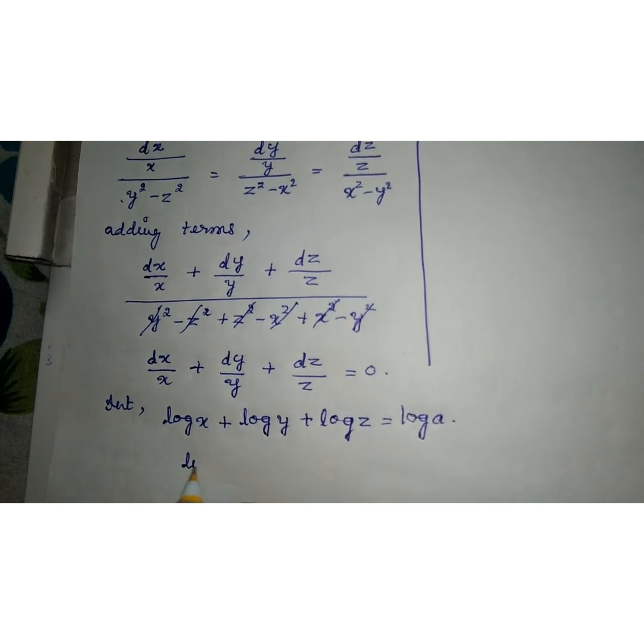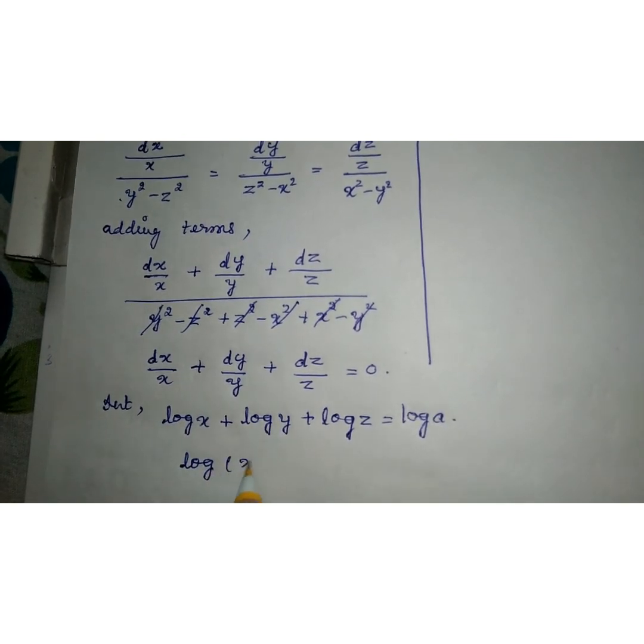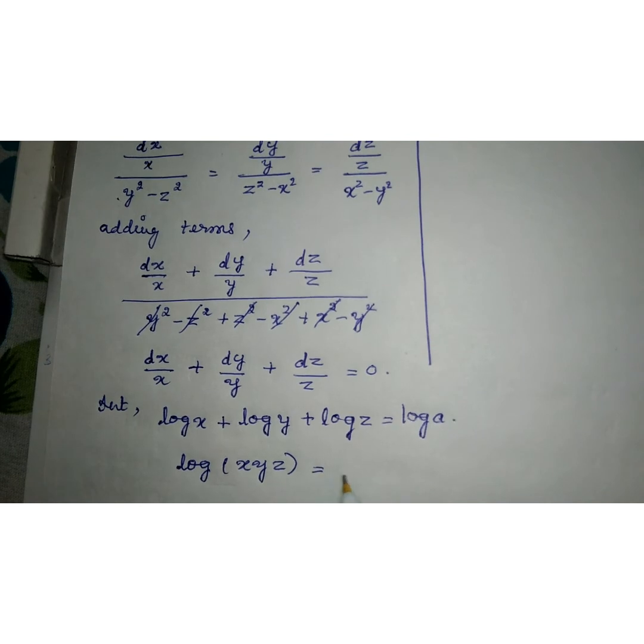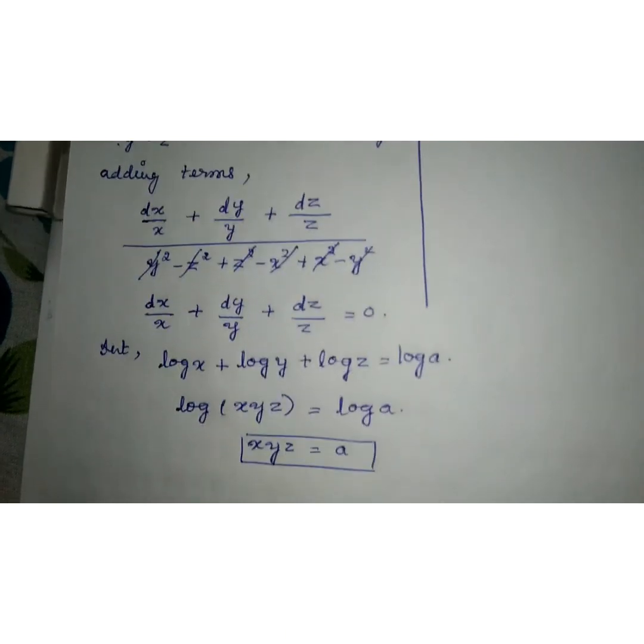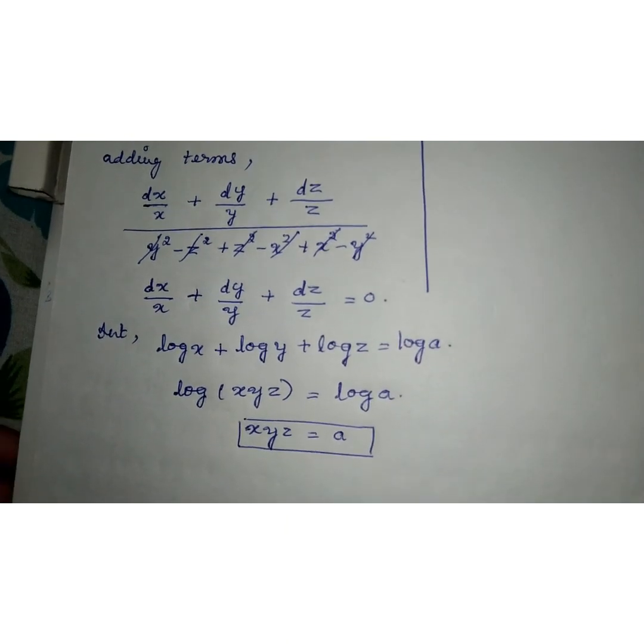By the property of logarithm, I can write log x plus log y plus log z as log xyz equal to log a. Since log xyz equals log a, we can clearly take it as xyz equal to a. So this is one of the solutions.